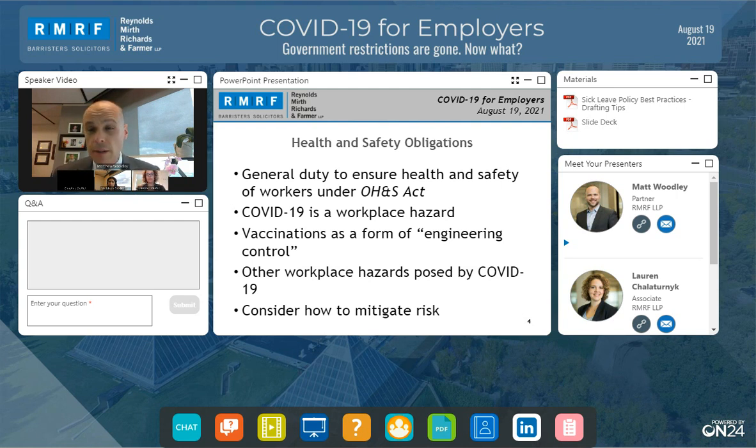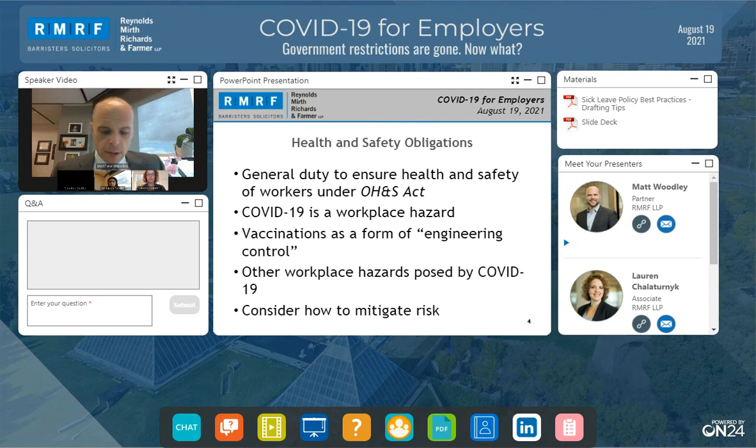And as of July the 1st, a relatively new development in the COVID world, Occupational Health and Safety has determined that COVID-19 is a workplace hazard. So what this means is that in accordance with the Occupational Health and Safety Code, employers are required to review and update their hazard assessments having regard for the circumstances as they change over time.